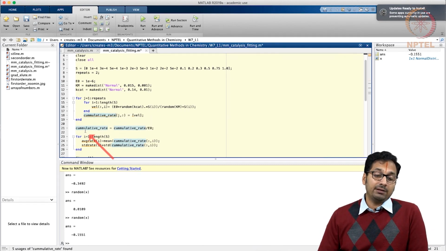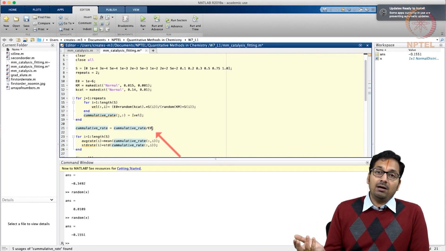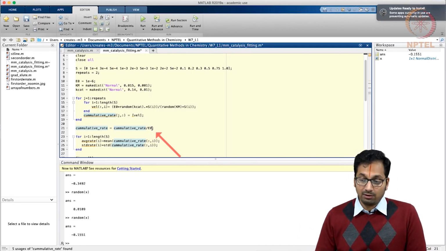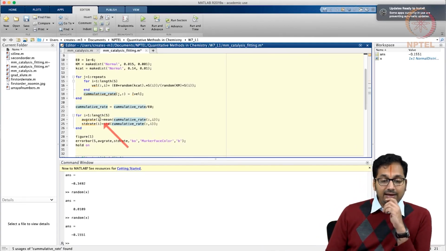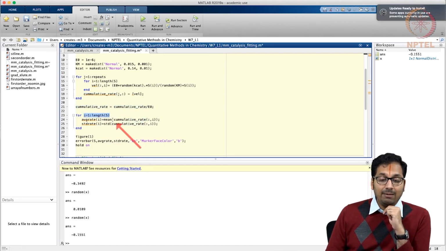Next, I am dividing the cumulative rate by the enzyme concentration, so as to normalize the plots, so that when you fit, you just determine km and k cat, and you would not have the problem of fitting the concentration of the enzyme as well. Then, for the length of S, meaning however many repeats have happened, I am getting the average of the cumulative rate.